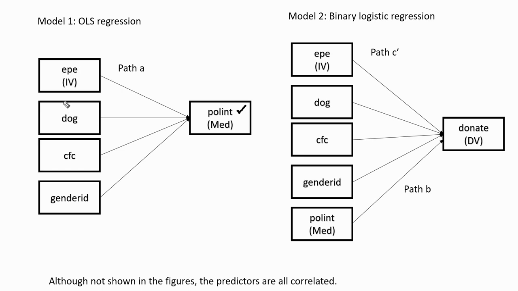That's the mediator. For model 2, which is a binary logistic regression, we are including the independent variable, the mediator, as well as the covariates predicting the donate variable. From these two models, we can compute path A, path B, and path C prime. Although it's not shown right here, the predictors in both of these models are assumed to be correlated.